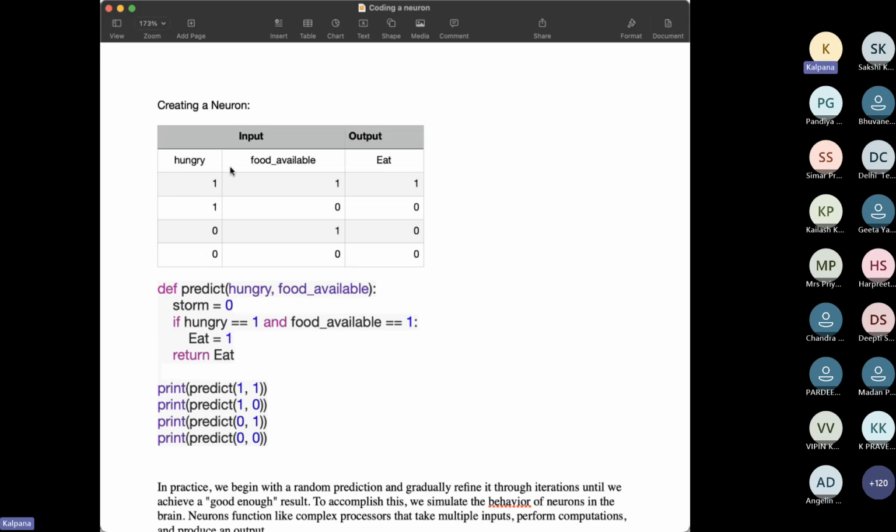If a person is hungry and food is available, then a decision is to be taken whether to eat or not. Eat will be active or not. If both the things are true, then eat will be active. Now it is something like the AND gate only, right? If both the inputs are true, then the output will be true. Otherwise, for all other cases, it will be false. Now for this decision, whether to eat or not, this is just a toy example.